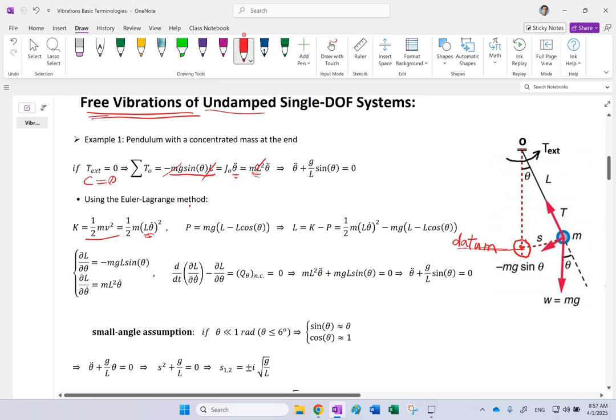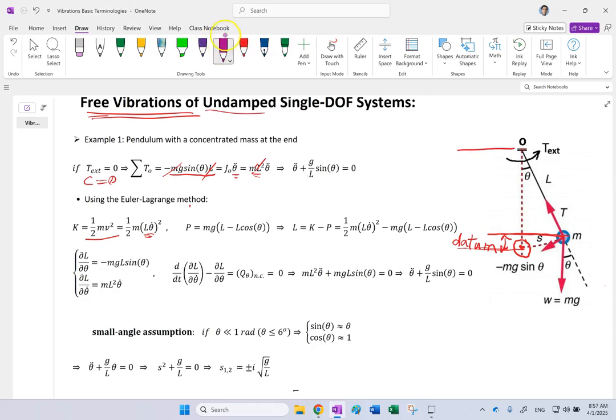So the potential energy here is this elevation, how much I moved up from the datum, times mg. So mg times this distance is my potential energy. Now, how much is it? It is basically the difference between this distance and this one.